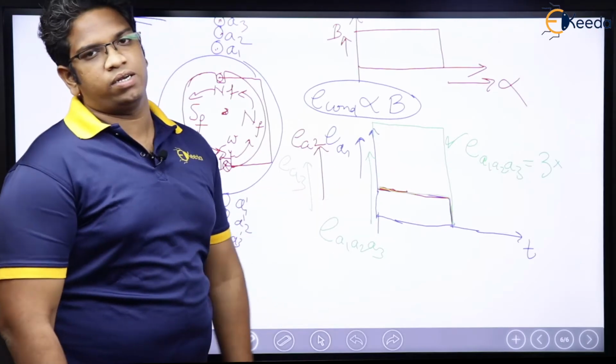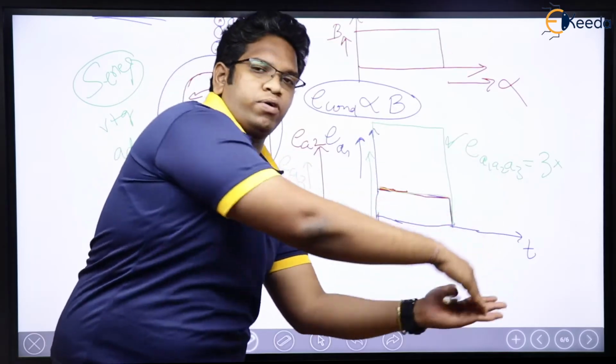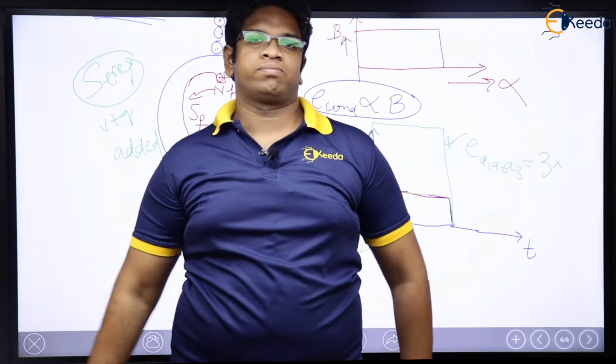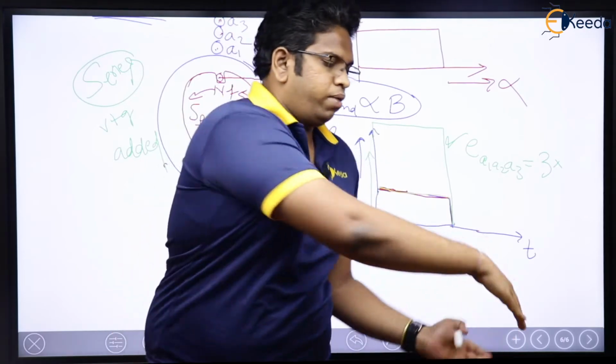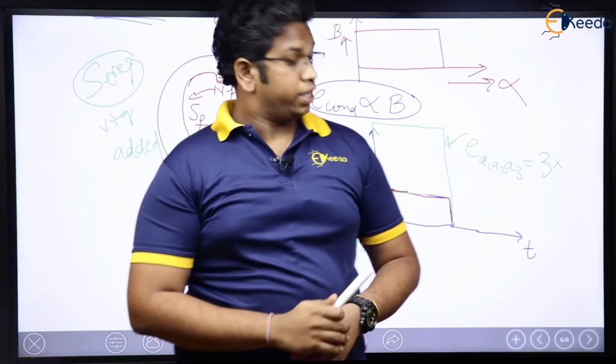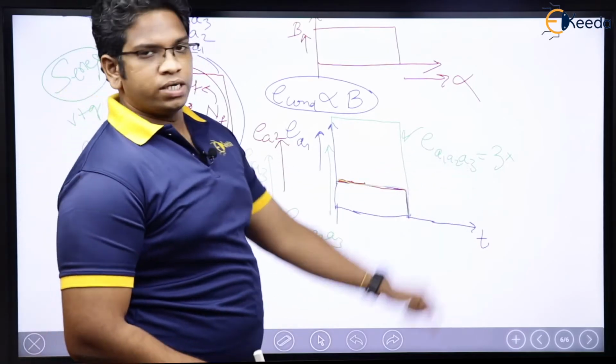Why? Because all are equal. How do you know that? Because same MMF wave. This was a constant MMF wave. This wave came here. Same wave came here and all of them were on the top of each other, right? Now that is the reason you have got this one. Now how much is it?